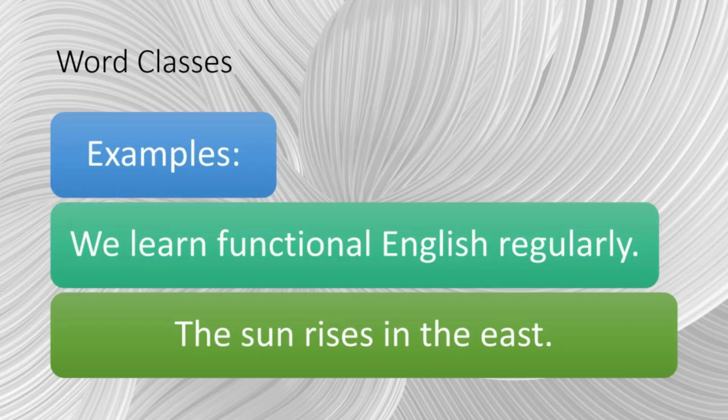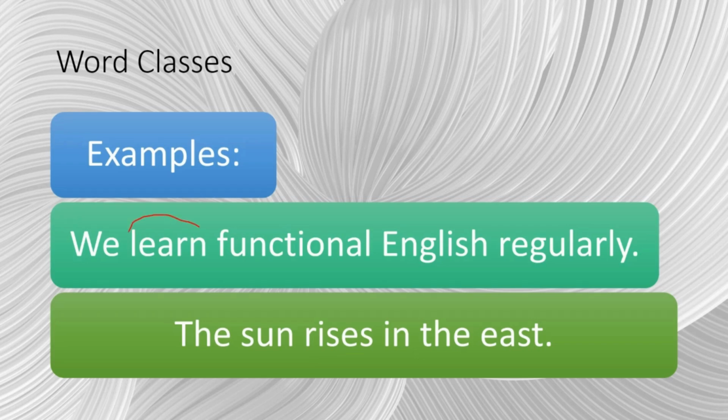Let's have an example. We learn functional English regularly. The best thing about a sentence is finding the verb, because the verb is the key nucleus. Without a verb you can't make a sentence. So the verb is important. You need to find the verb first.